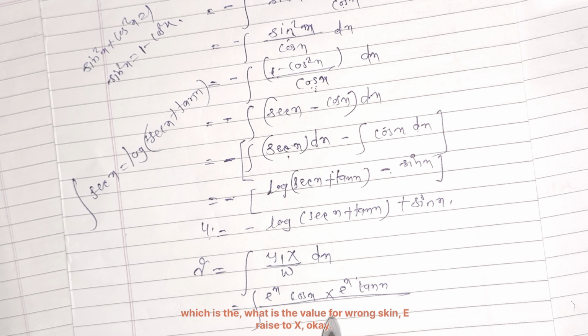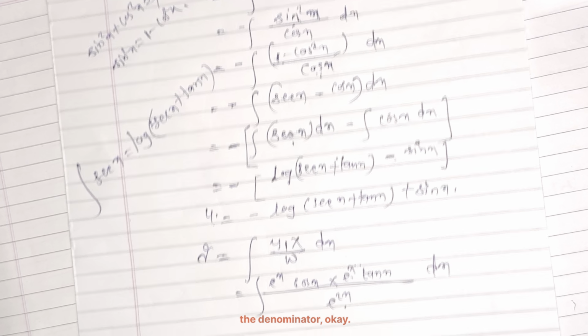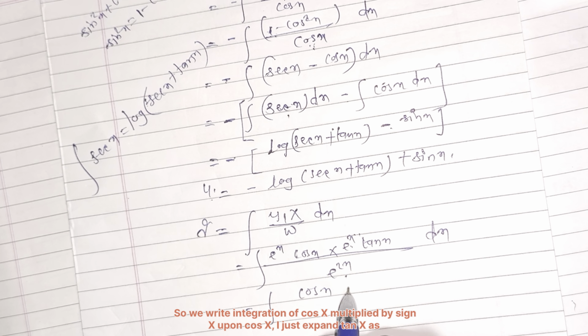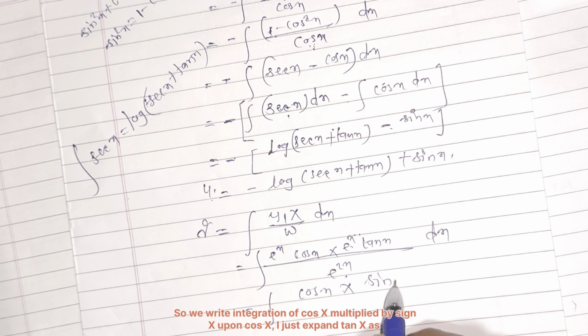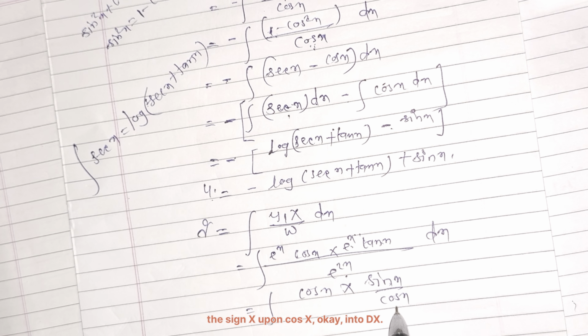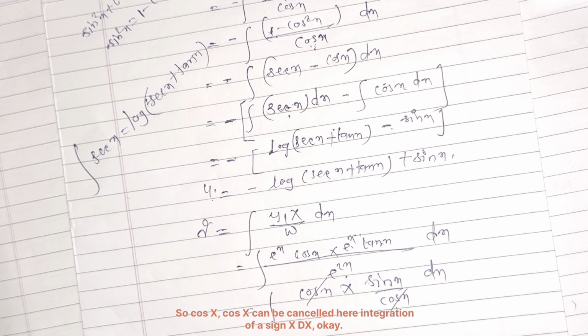What is the value of the Wronskian? e raised to 2x, dx. e raised to x into e raised to x, the base is the same so add their powers, and it cancels with the denominator. So we write integration of cos x multiplied by sin x upon cos x, where I just expanded tan x as sin x upon cos x, dx. So cos x can be cancelled here, leaving integration of sin x dx.